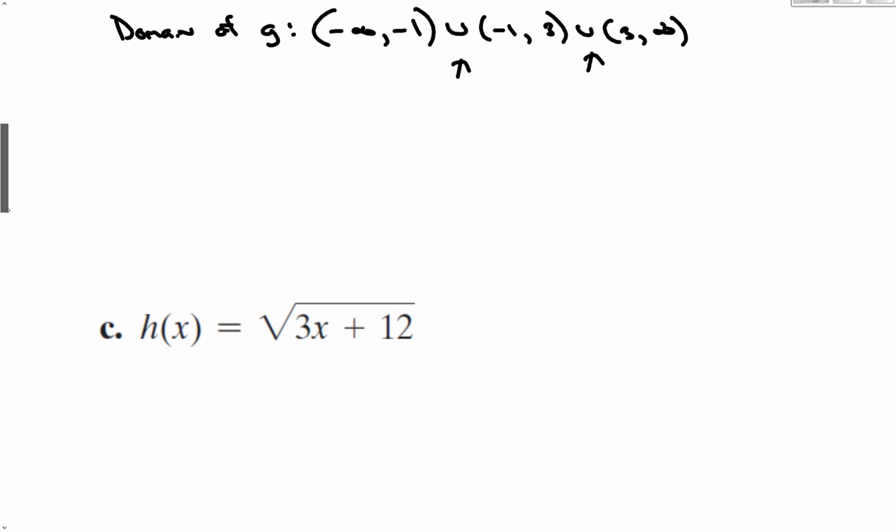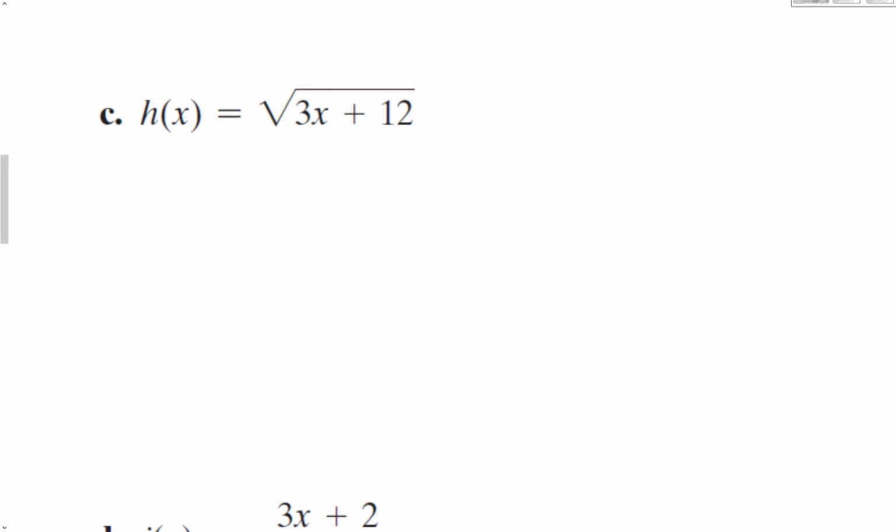Next. Now we have a radical, and it's a square root. So my domain here is going to be all real numbers except for the places that make the radical negative. So I want to know where this stays positive or 0, greater than or equal to 0. If I subtract 12 from both sides, I have 3x is greater than or equal to negative 12.